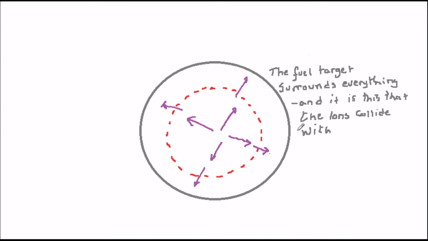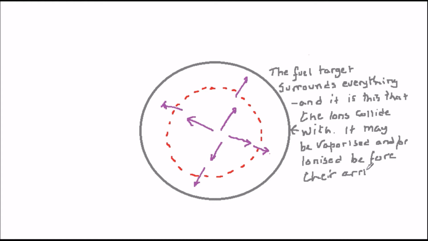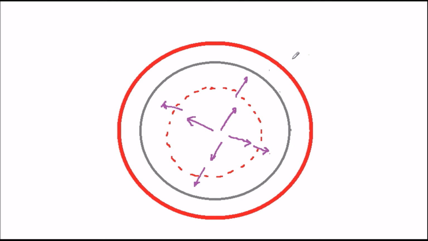The particles traveling outwards in the expanding shell then collide with the target, either scattering or fusing. Either way, the particles can then be picked up by energy collectors at the periphery of a machine of the type described in previous videos.